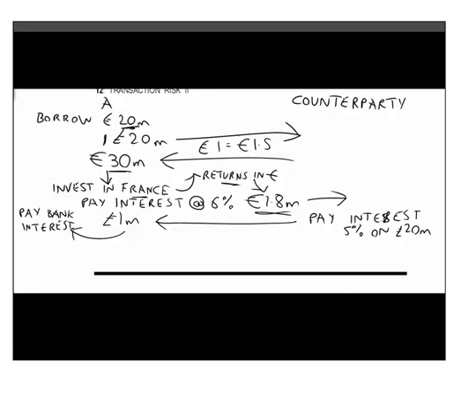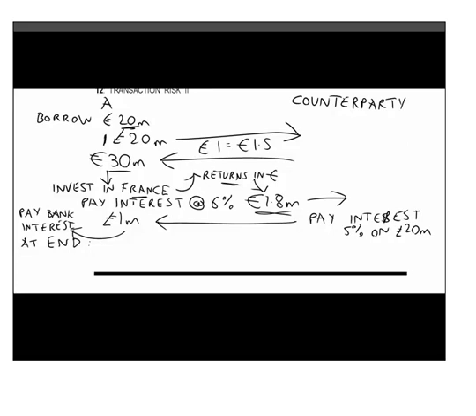So this is going to go on for 10 years. It's going to happen every year for the duration of the swap, and at the end of the 10 years, the two parties will re-swap the original amount of the debt.